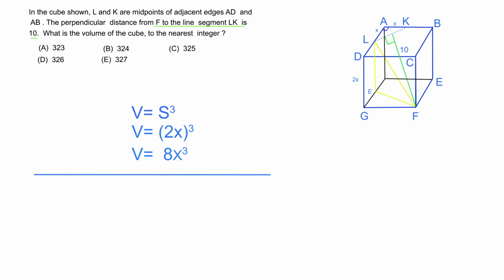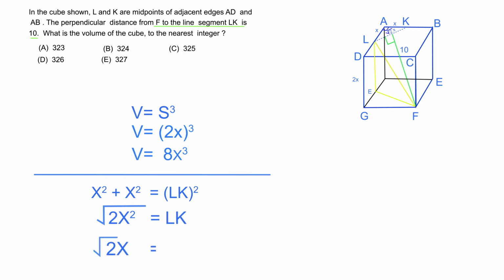If you look at that triangle, this is a right angle, so x squared plus x squared is equal to LK squared. That means LK is the square root of 2x squared, and therefore LK is root 2 x. So I'll put that in there.